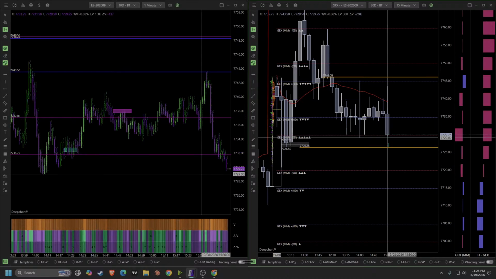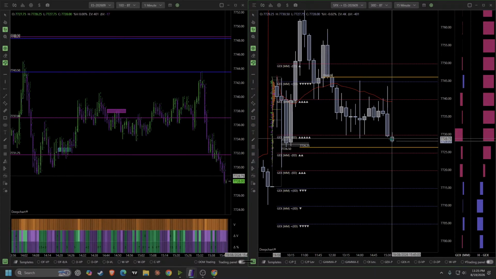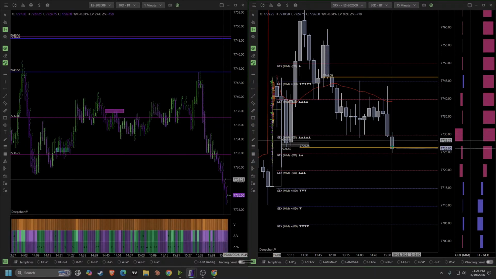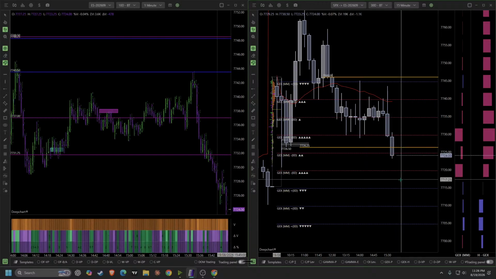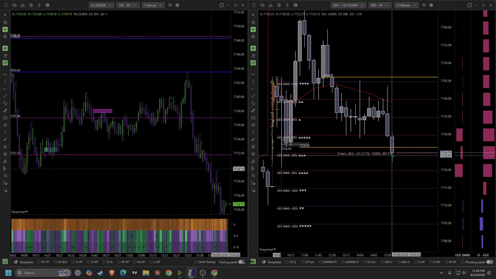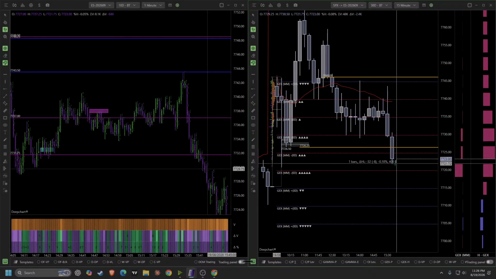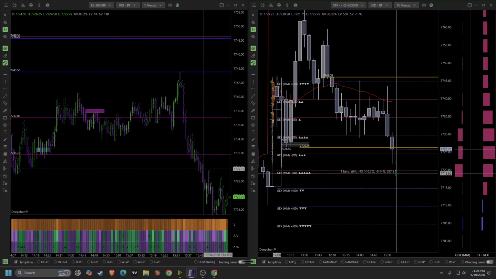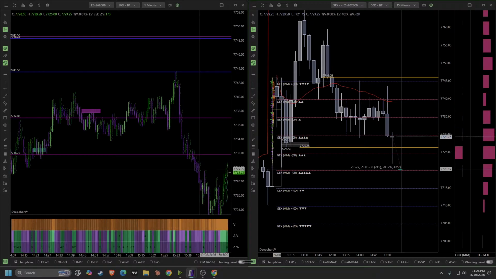See if we rip through to the downside here. Generally if we break through here, we're going to get some extension. That's 4.75 points. 8 points. 9 points.